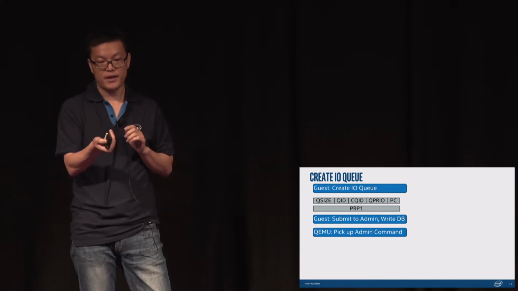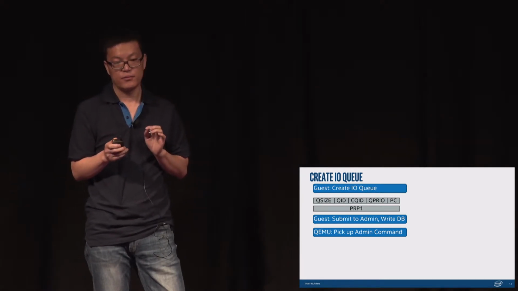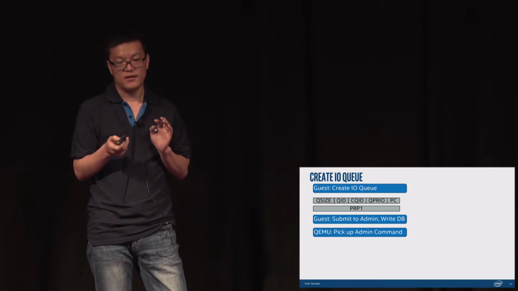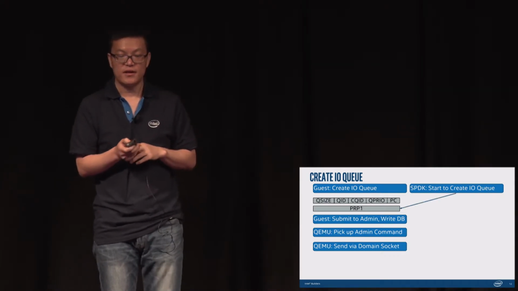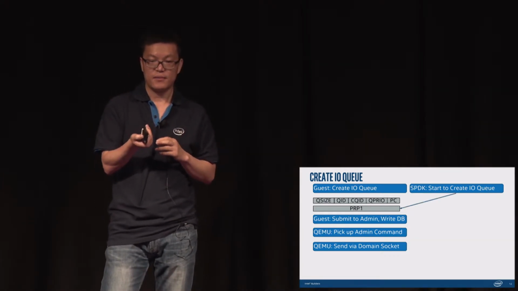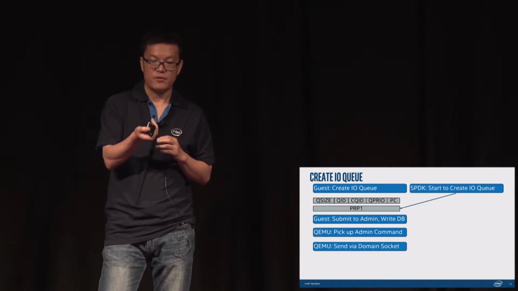QEMU will pick up this admin command. Currently, QEMU does not process such a command. It just forwards it to SPDK via the Unix domain socket. After SPDK receives this command, it will pick up this request and parse the PRP1 in this command.